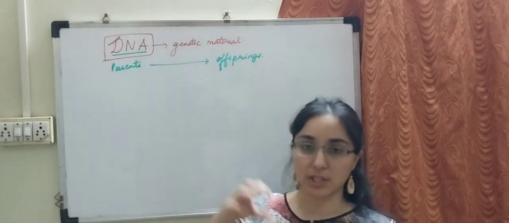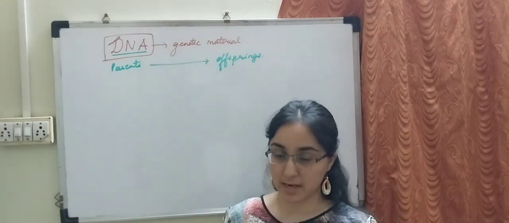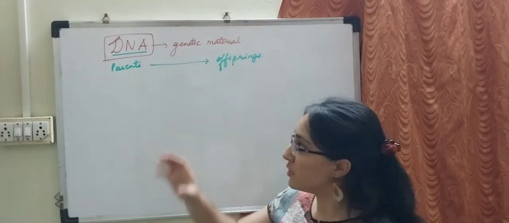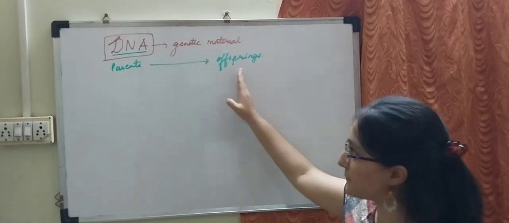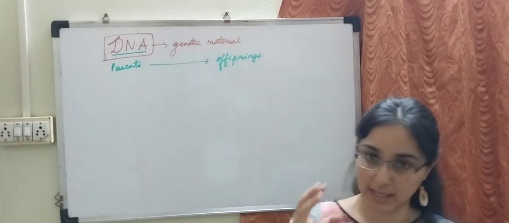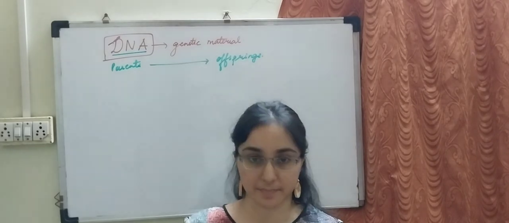On DNA there are genes, that is genetic material. Actually DNA is a genetic material. So this parents to offspring transmission is known as inheritance, or heredity.